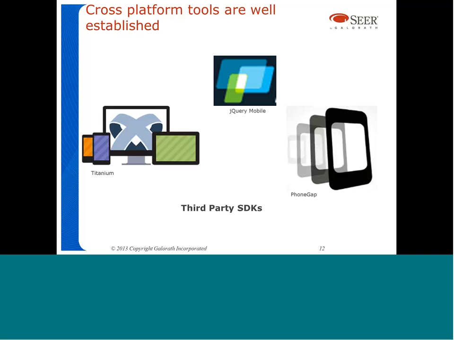Some of the difference is that a cross-platform solution may run a little slower. It depends upon what you're building, but there's tremendous promise here, and I know at least there's many examples. If you have LinkedIn, that's running a cross-platform solution, HTML5.